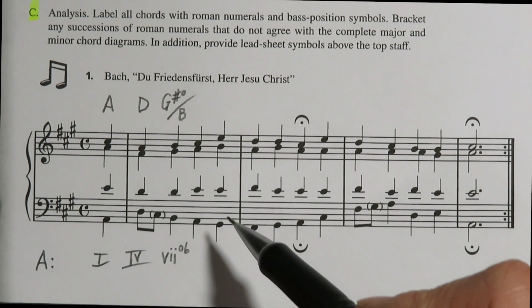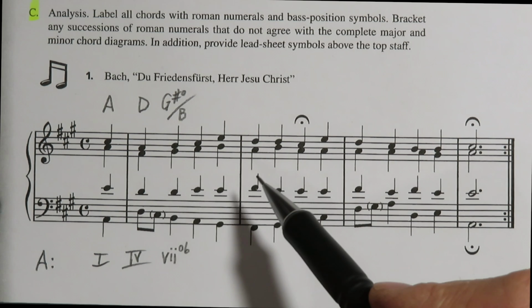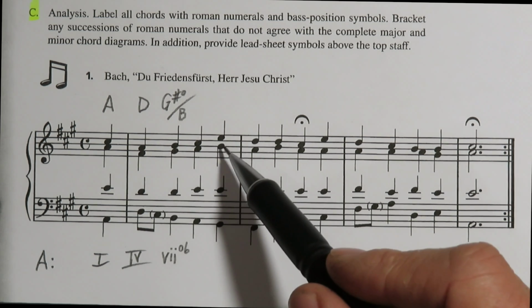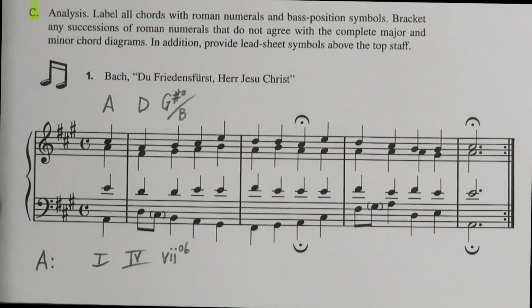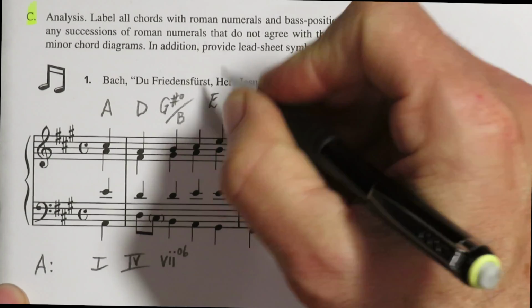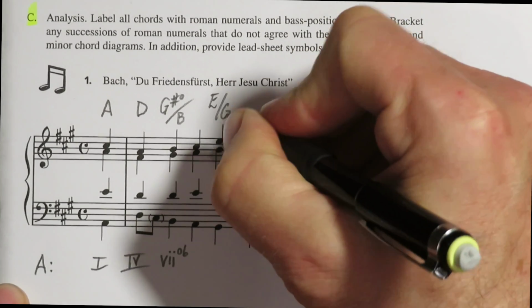So anyhow, moving on. We have a G sharp, E, B, and an E. So that's an E major chord with a G sharp in the bass. E over G sharp.